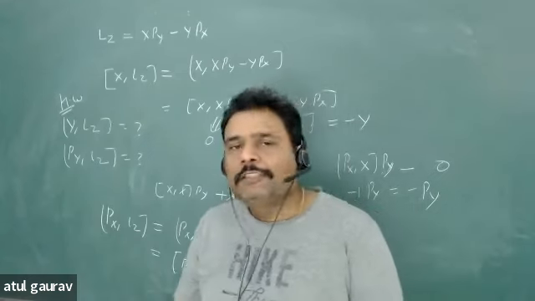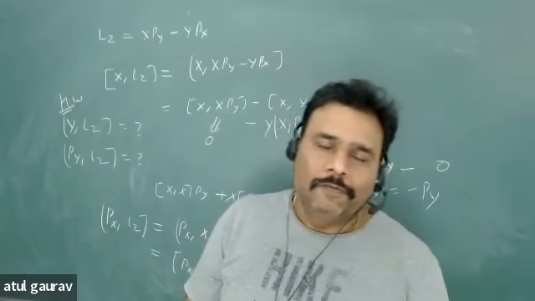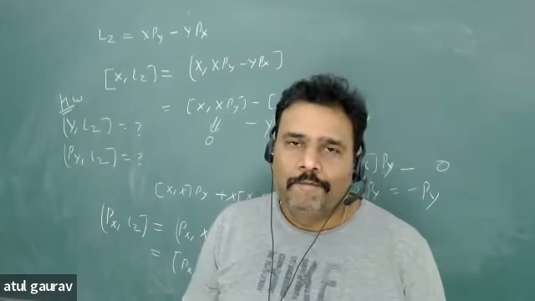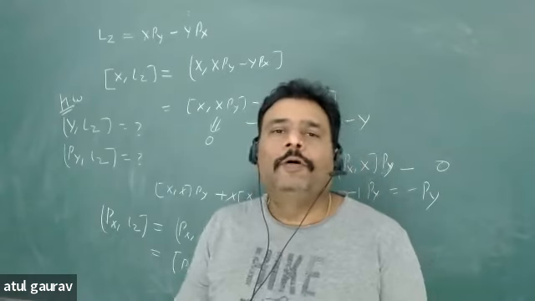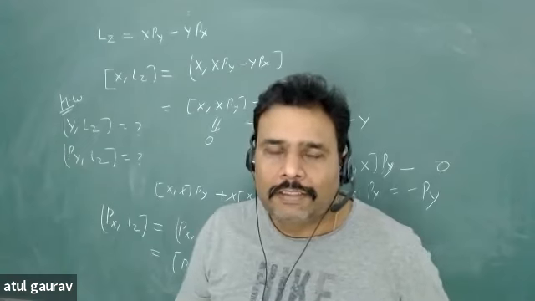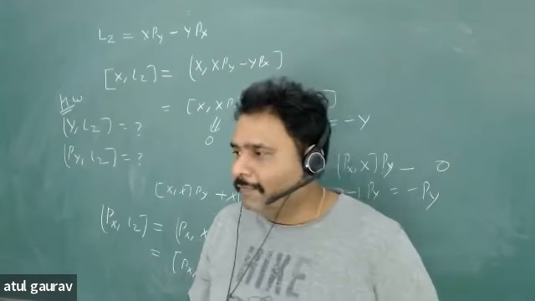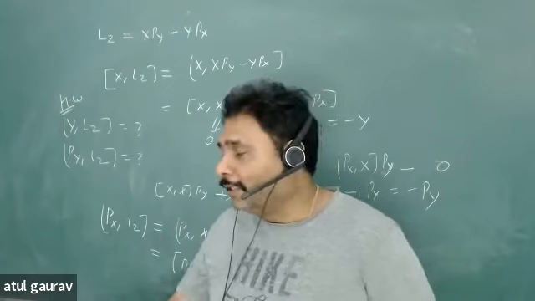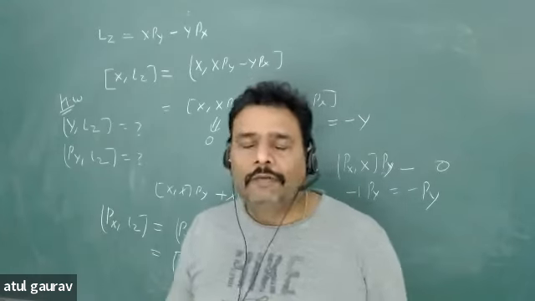So suppose I ask you whether these two are conjugate variables or not, what will you do? You will just take the Poisson bracket of these two things and you will get what? They are conjugate variables. Isn't it? Yes, sir. And finally, you will get into the canonical transformation with the help of this definition.